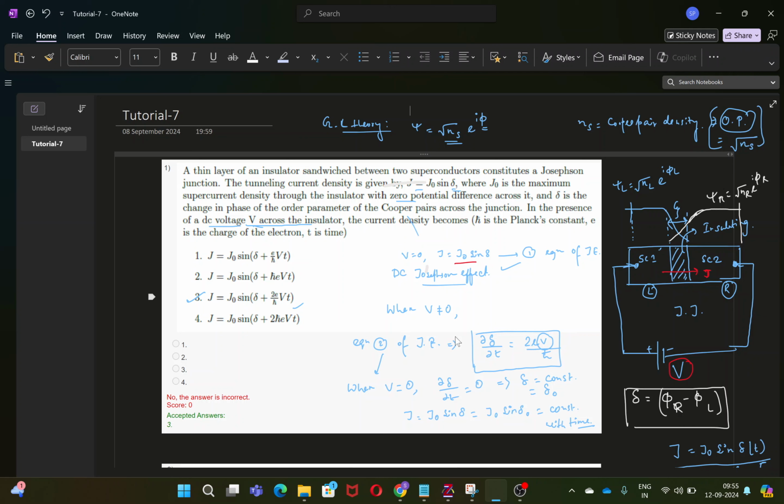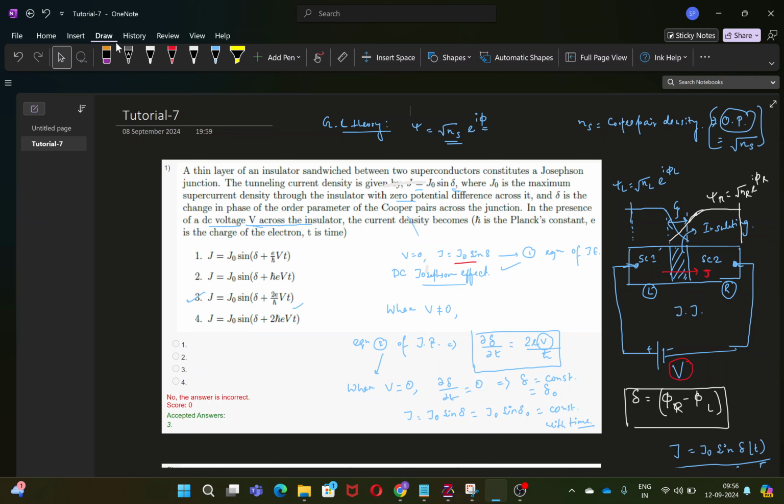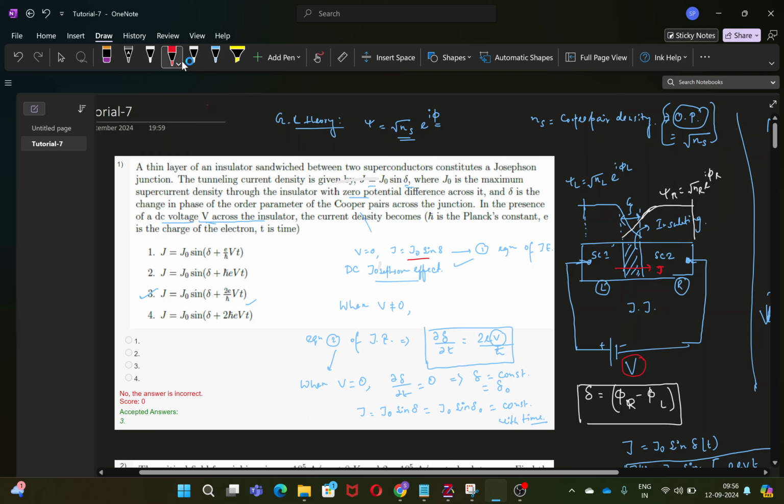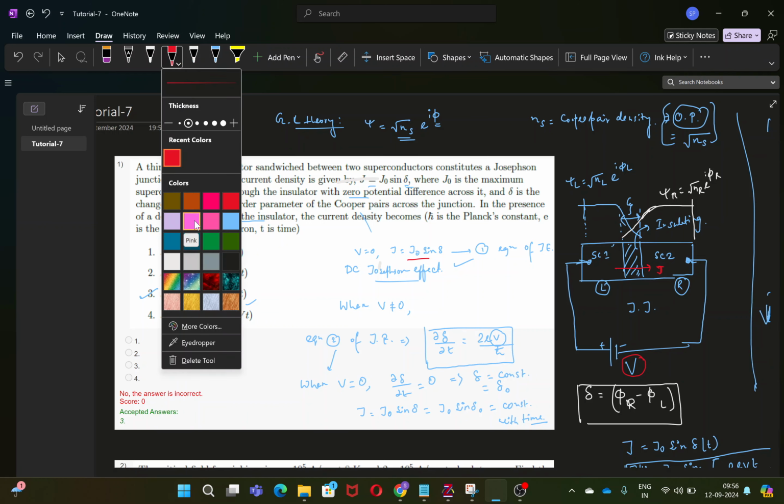So let us start once again. Just once again, I will start the writing. Right. I'll be using this color so that it is easier for you to see which parts I am talking about right now, or maybe a different color also, so that there are no confusions when I am redoing it.